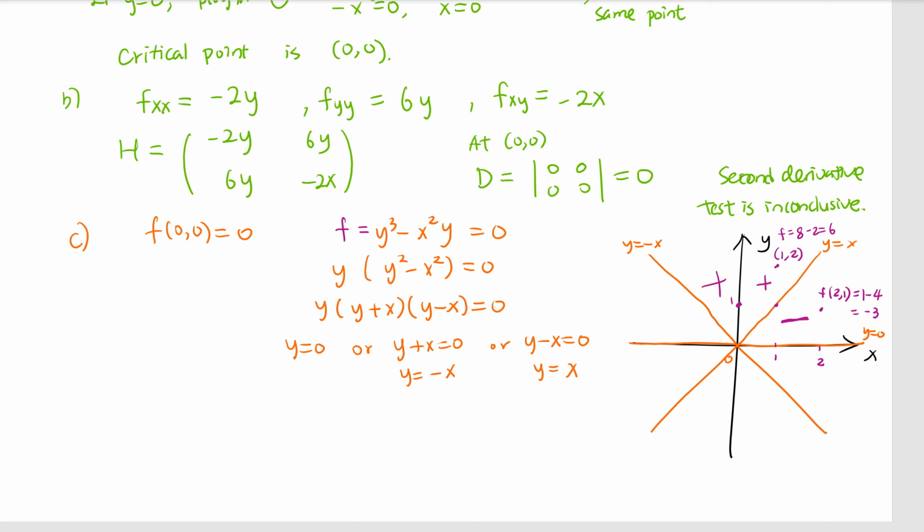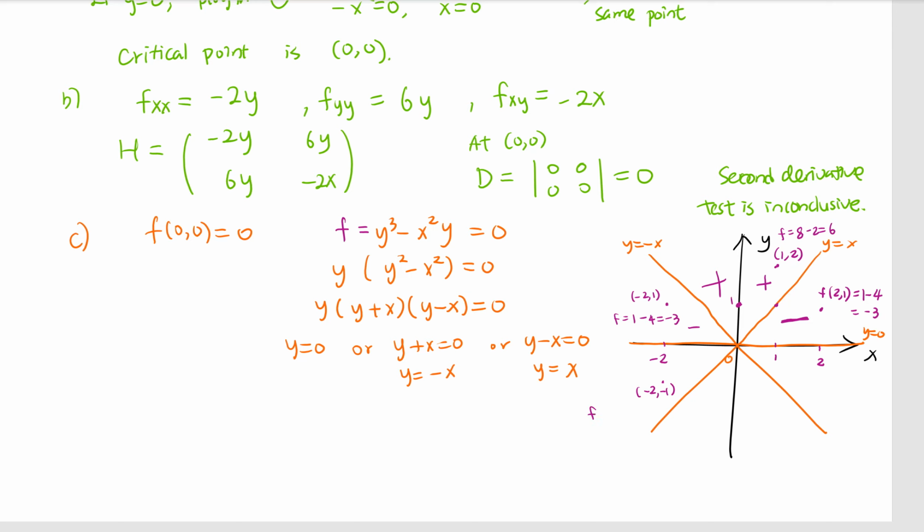You can also pick another point and see whether it's positive. Here we can pick negative 2, 1. Then we have f is 1 minus negative 2 squared, which is 4. We still have negative 3, so this is negative. Okay, how about the next one? How about negative 2 and negative 1?